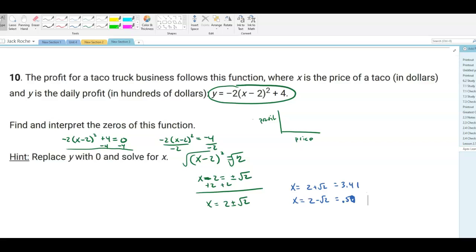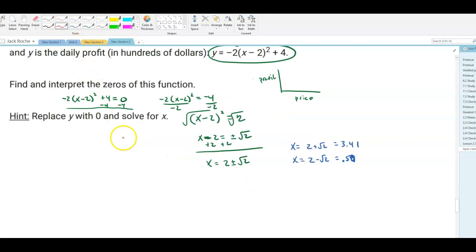So right away when I look at this, what does this answer really mean? Well, the zero, the x-intercept, means you have 3.41 comma 0, and the other one would be 0.59 comma 0.